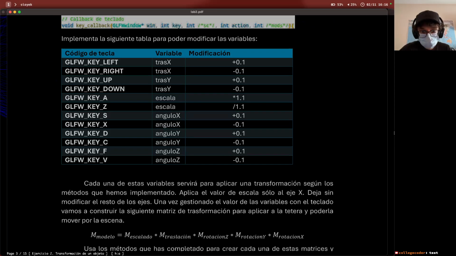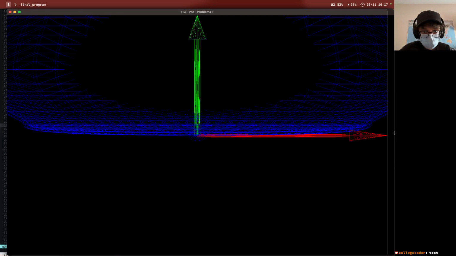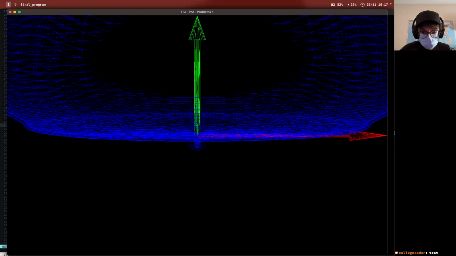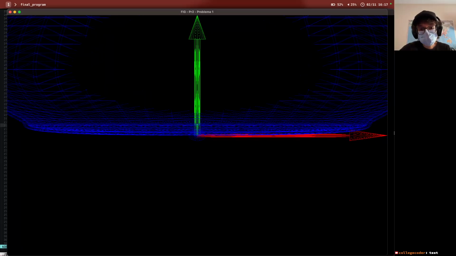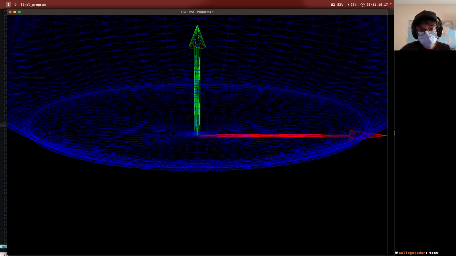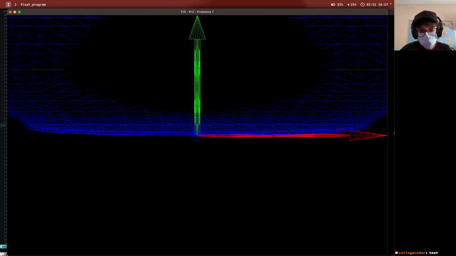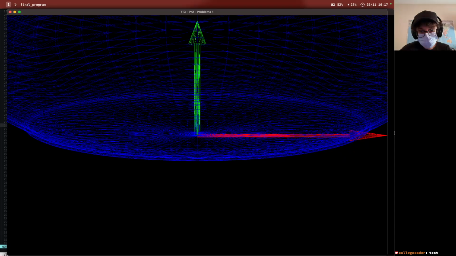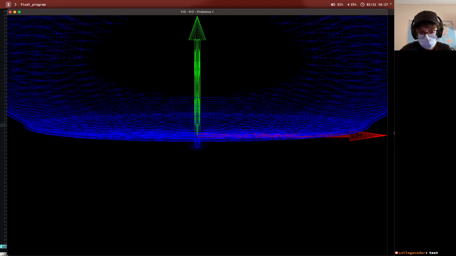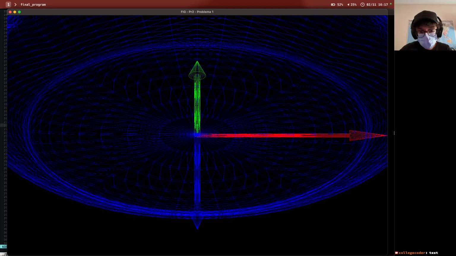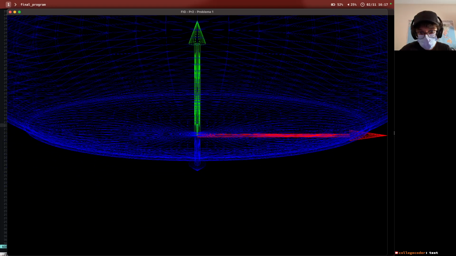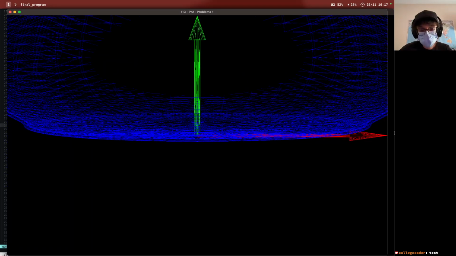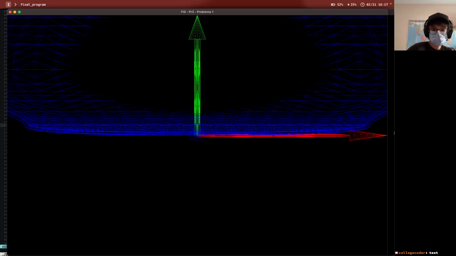So let's do it while it's still scaled. S and X, so we can see S. But when I go X, it turns straight to the other side. Could it be because of the order of transformations?